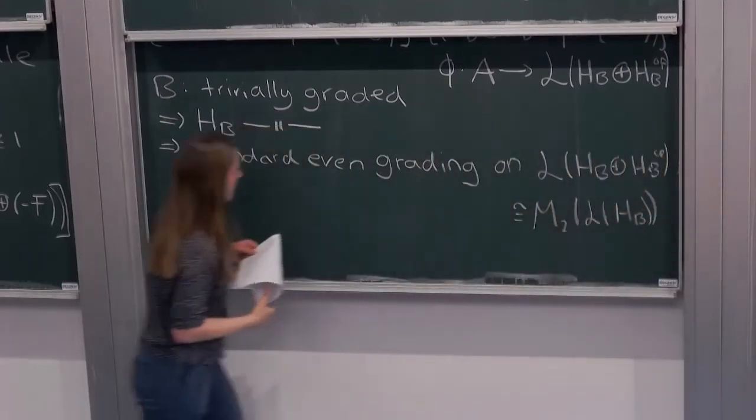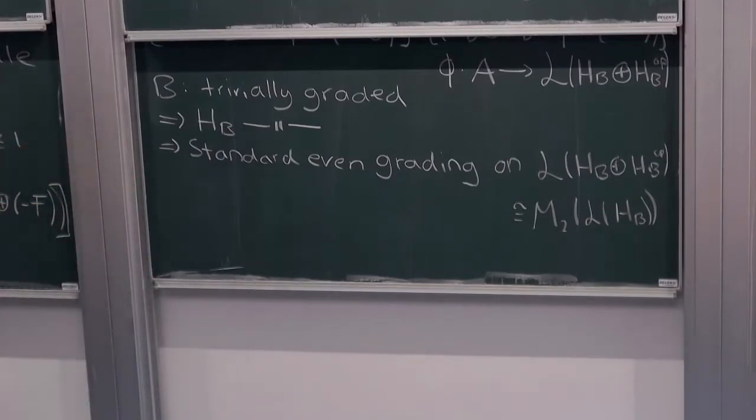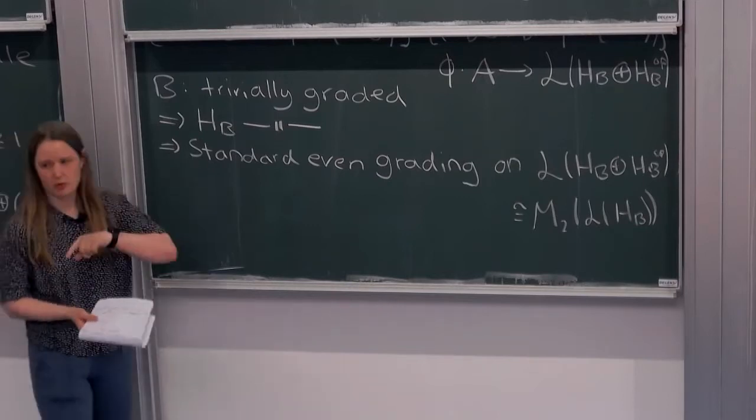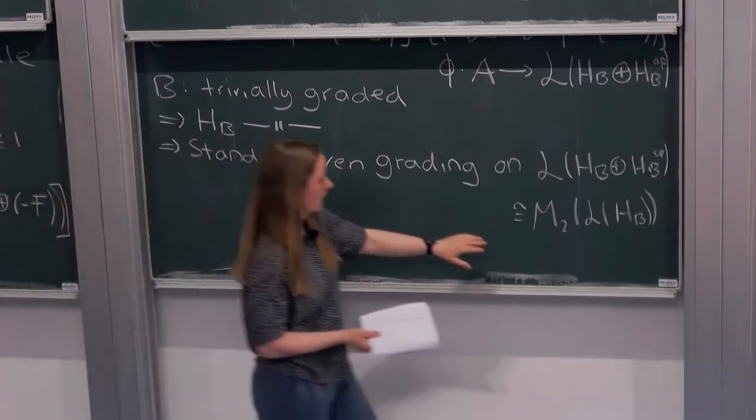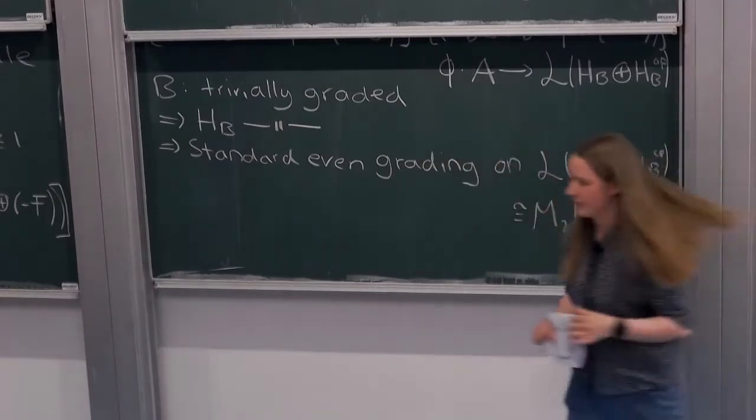So it means that the degree 0 elements just correspond to diagonal matrices, and the degree 1 elements correspond to the ones having 0 diagonal.